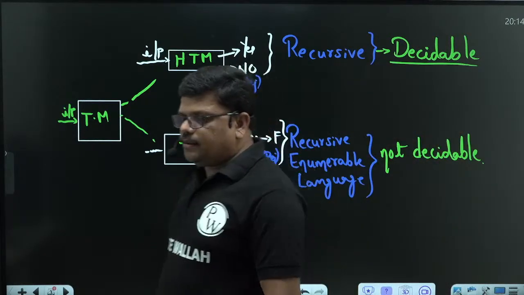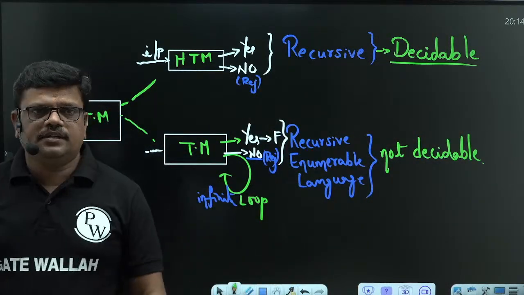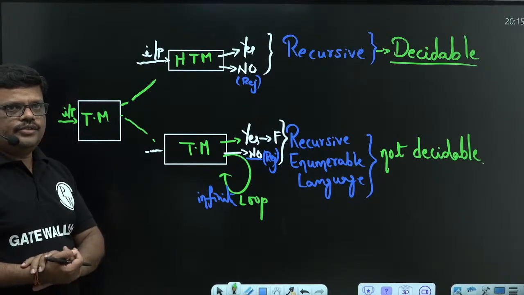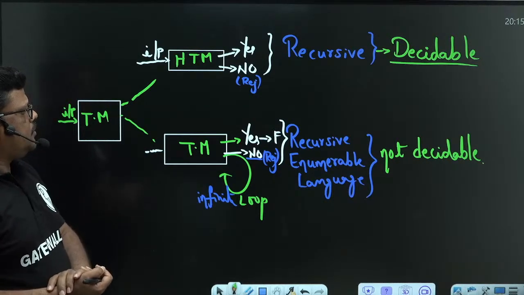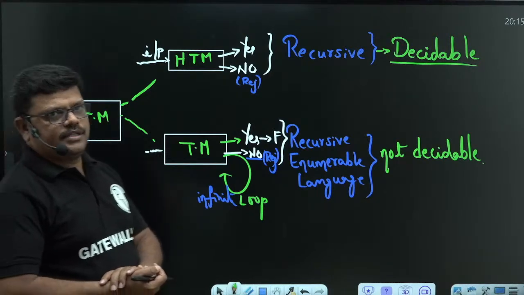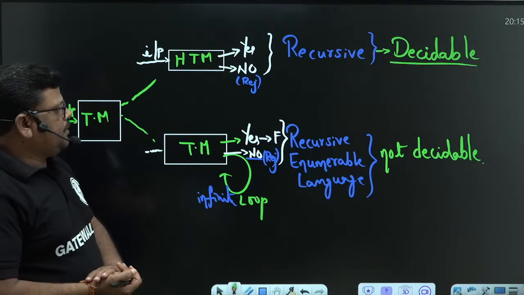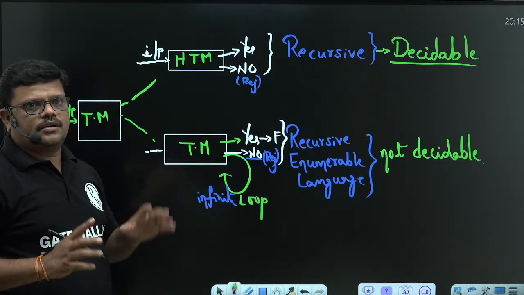So here decidability and undecidability come in. That's why recursive languages are also called Turing decidable languages. Recursive enumerable languages are not decidable and do not come under decidability.